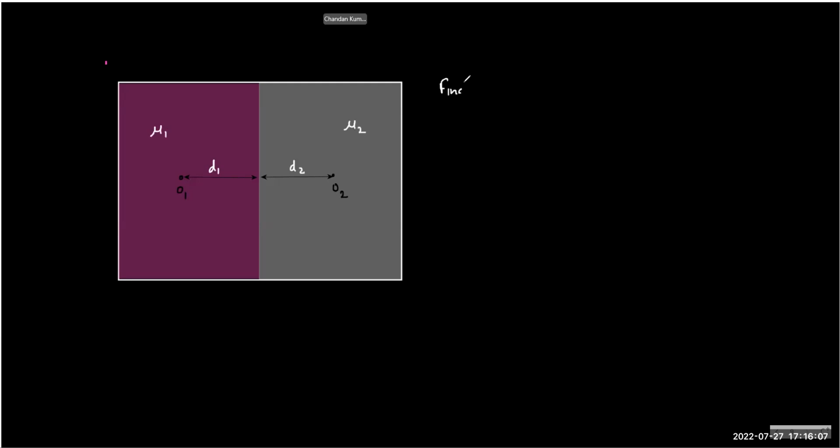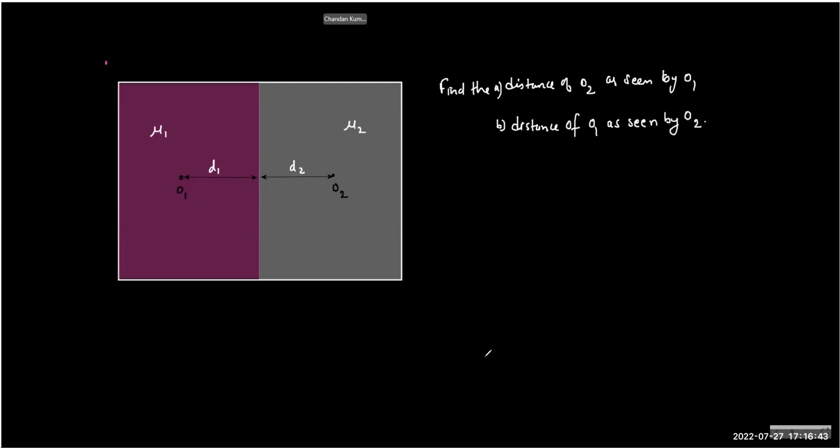The question is: find the distance of O2 as seen by O1, and the distance of O1 as seen by O2.